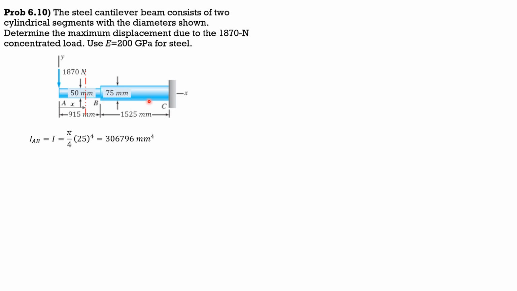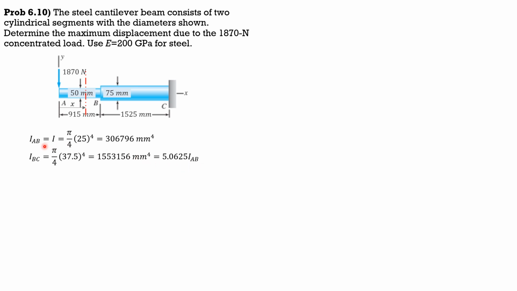The moment of inertia of portion BC is pi over 4 times 37.5 radius to the fourth. So it is 1,553,156 mm to the fourth. So it is 5.0625 of IAB.